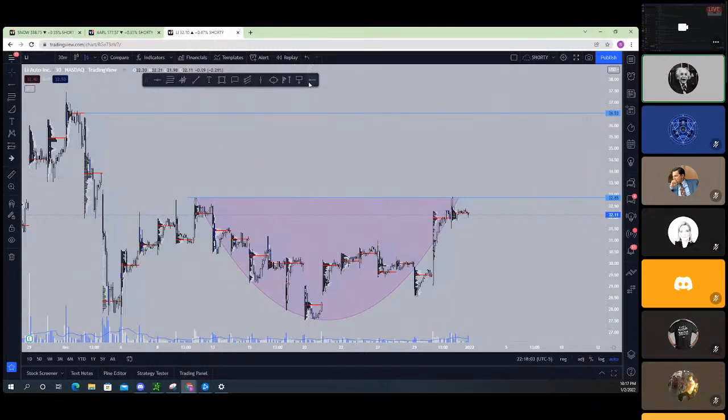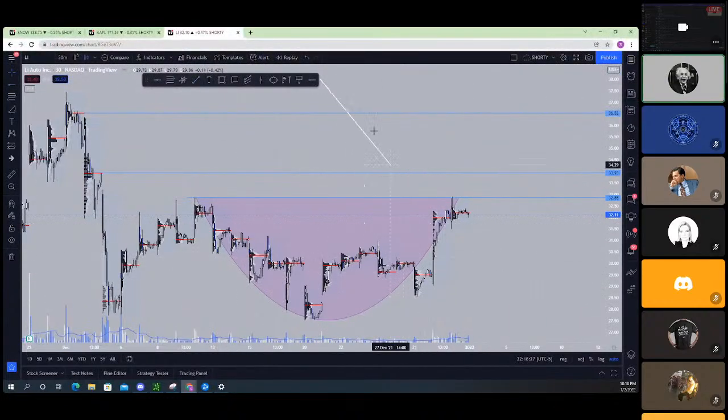I would definitely watch this, and there was another VPOC here. If we break this 32.85 with some volume, this would be an excellent play all the way to 33.93, which is a really good range for a $30 stock, for me at least, to make 20-30% on this. I would definitely watch this tomorrow.